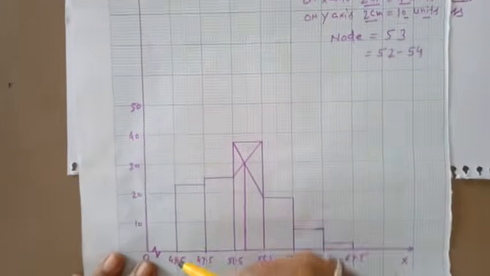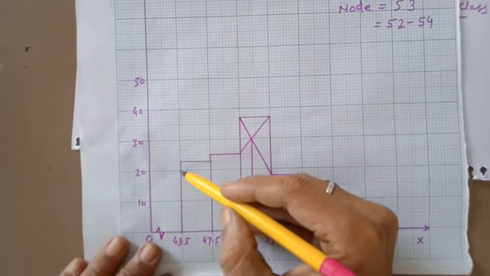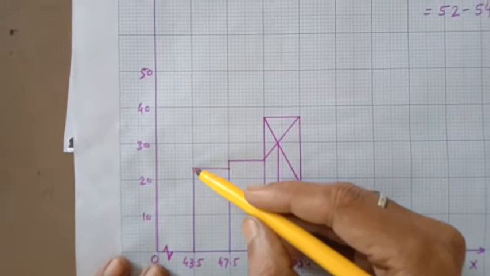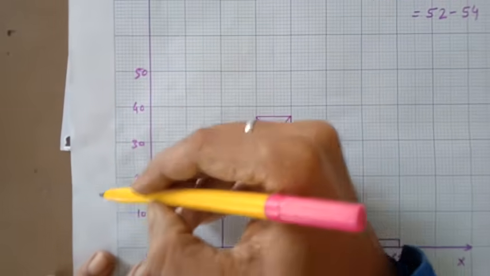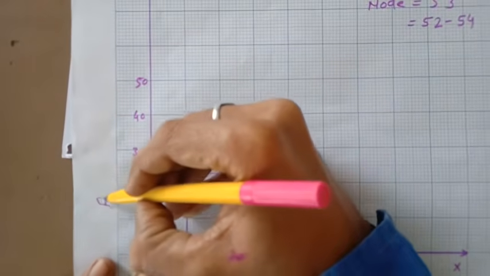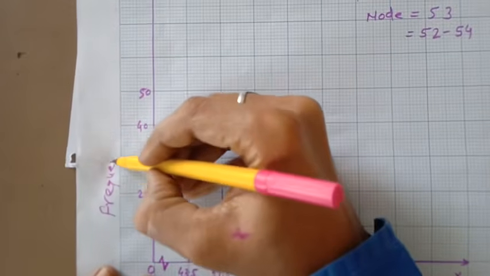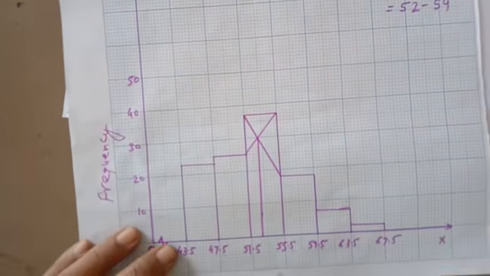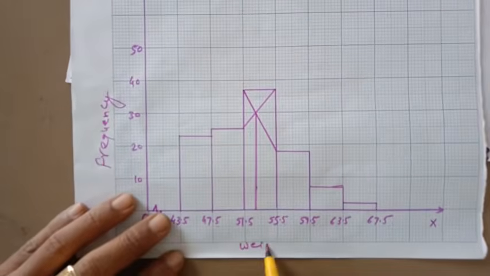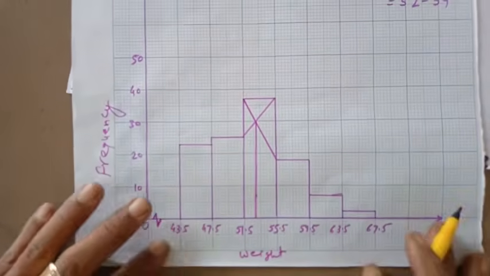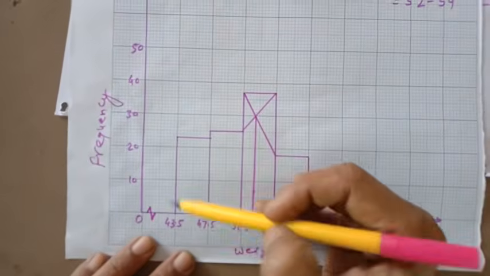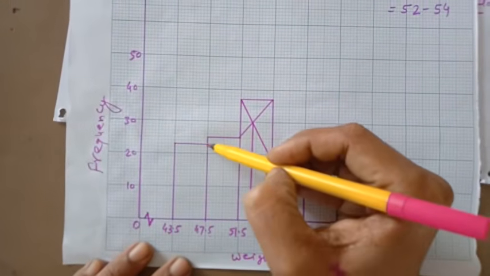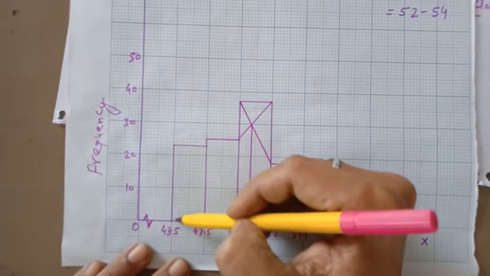So we take this 20, 21, 22 and 23 till here. So this column is of that frequency. We can see that, and this is our weight. So here we can see till 23 we have drawn this rectangle, 23 in height.